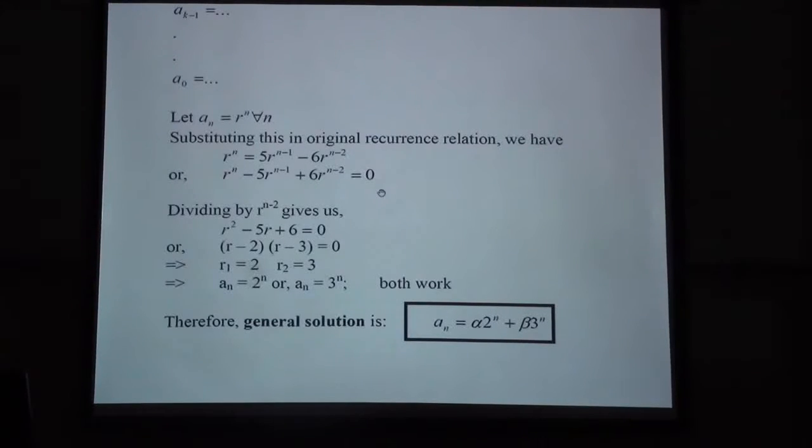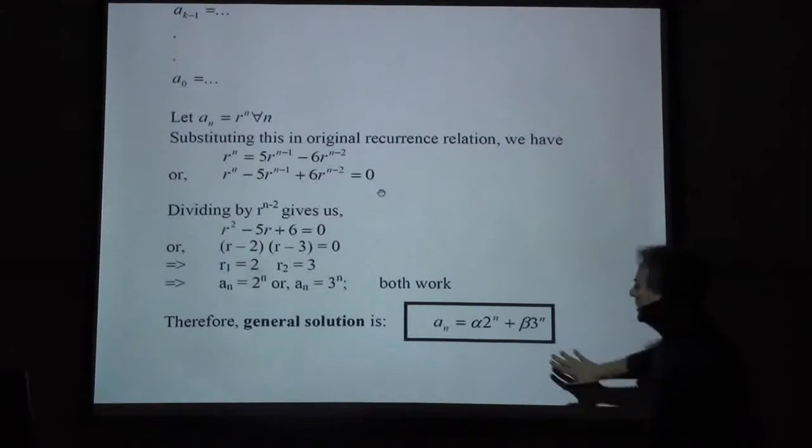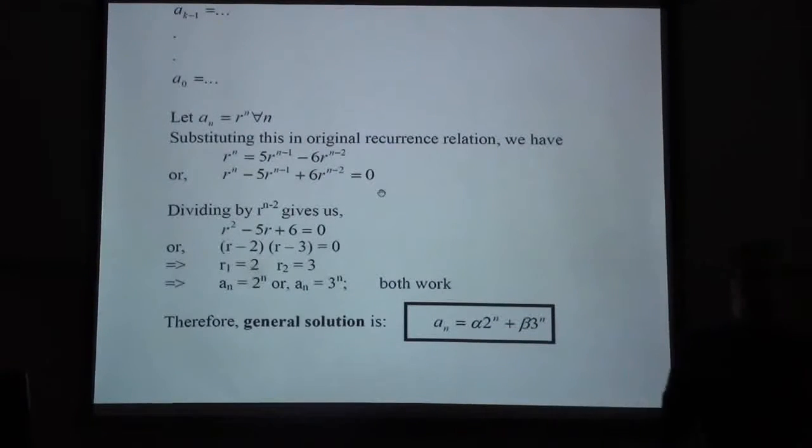And therefore, we also recognize the fact that since they are solutions, we can also use any linear combination of them together. So you can take 2 to the n plus 3 to the n. You can double this, you can triple that. We can take basically some number times 2 to the n plus some other number times 3 to the n. So what we have is what we call a general solution.